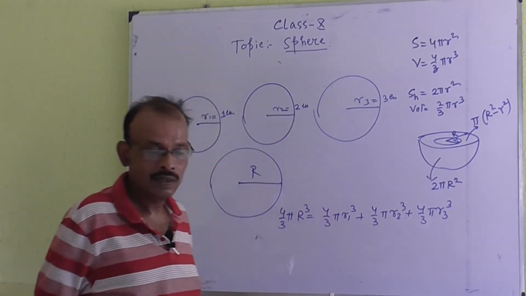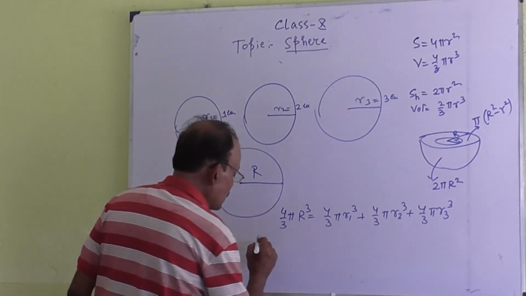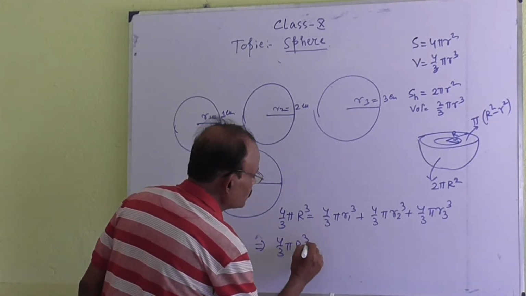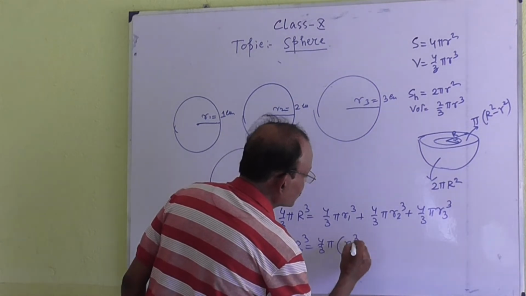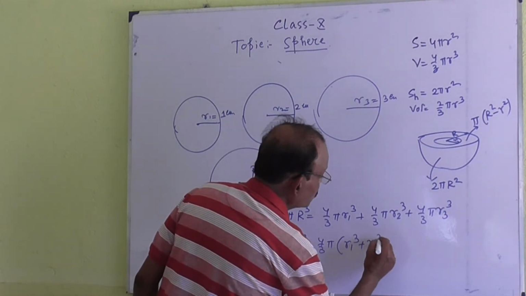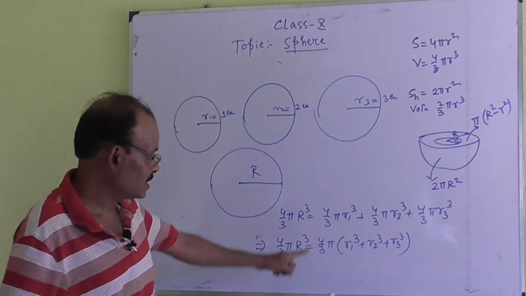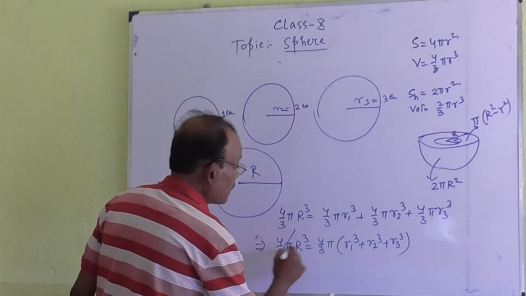Clear? Now, take common from the right hand side. 4 by 3 pi R cube equal to 4 by 3 pi times R1 cube plus R2 cube plus R3 cube. Clear? Now, cancel from right and the left hand side.